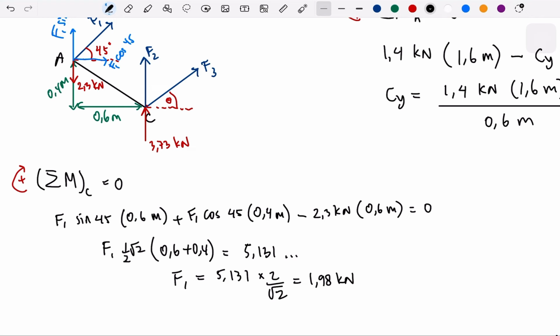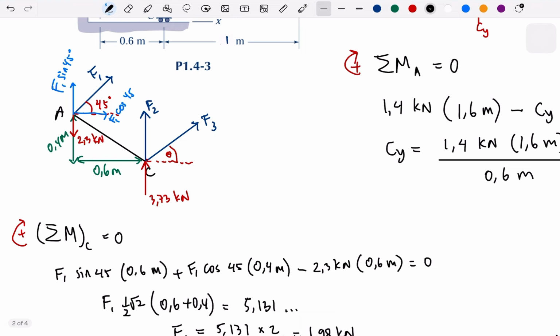Okay, now to provide the F2 and F3, since they are having two forces on one point, I think we might need, this is just my idea here, maybe we can take B here as a reference.